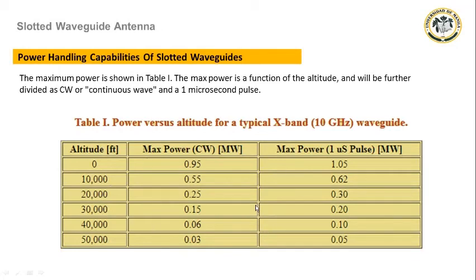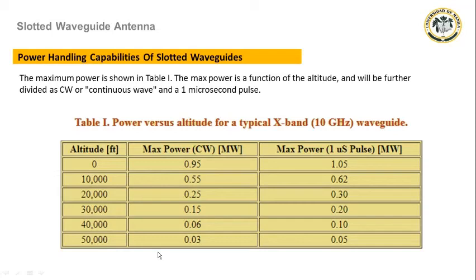Here, we will introduce some practical constraints of power handling capabilities versus altitude. The maximum power is shown in Table 1. The max power is a function of altitude and is further divided into CW, or continuous wave, and 1 microsecond pulse.